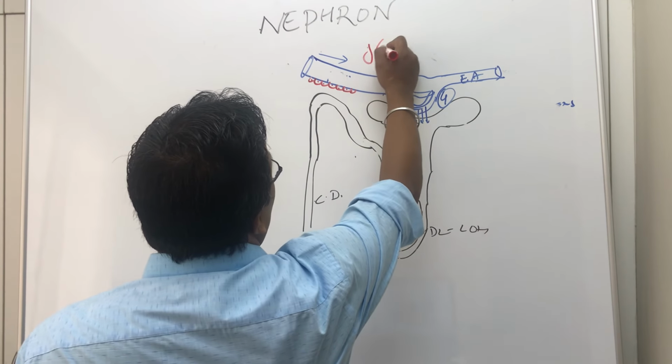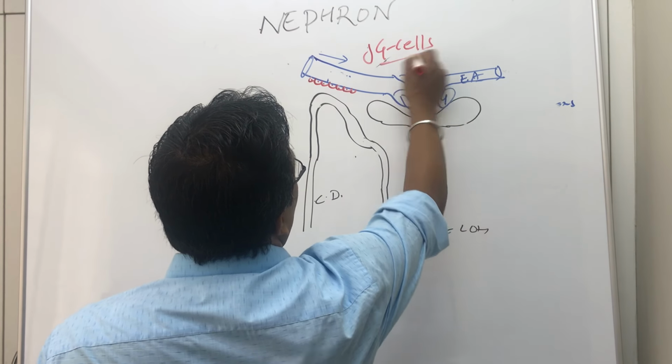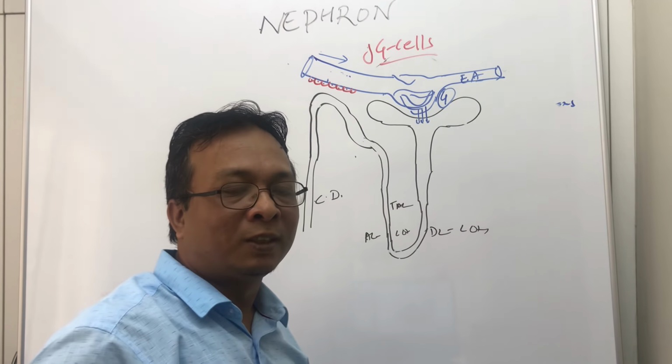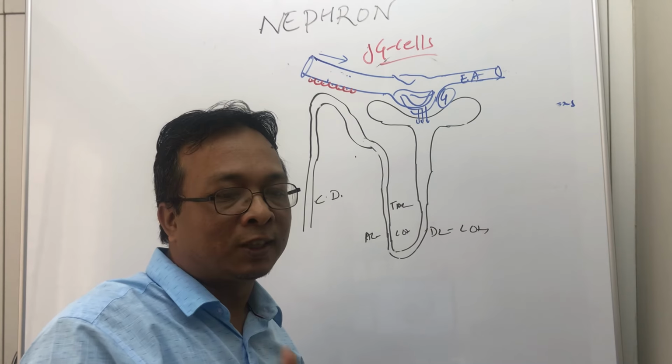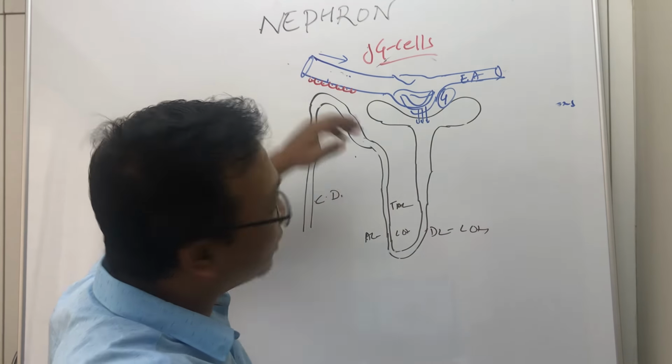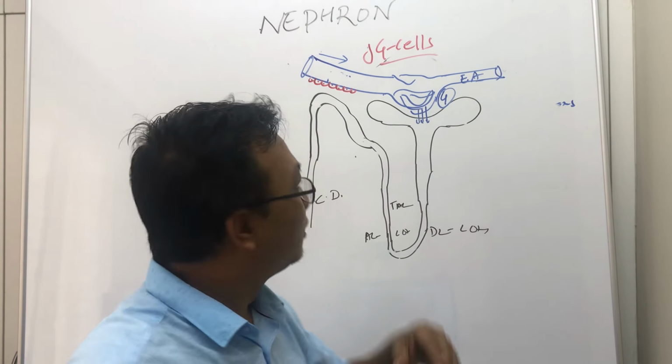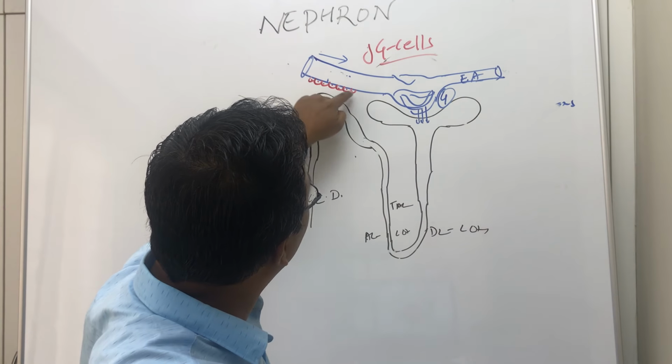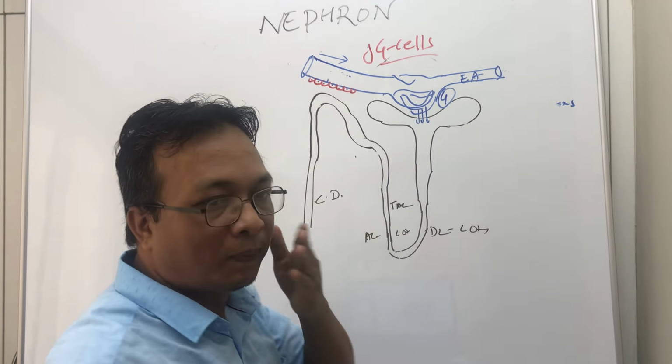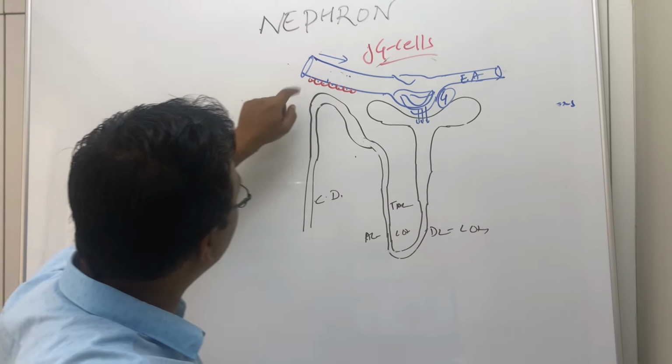These are called JG cells. JG stands for juxta-glomerular. Juxta means sides. So there are special cells lying on this border of the arteriole, right?